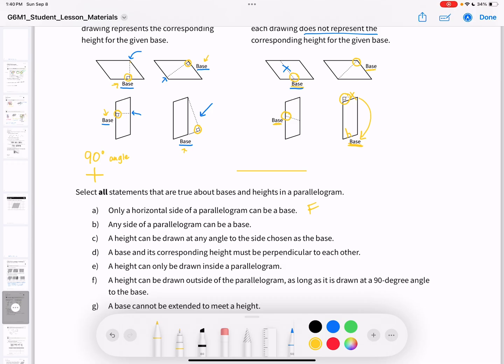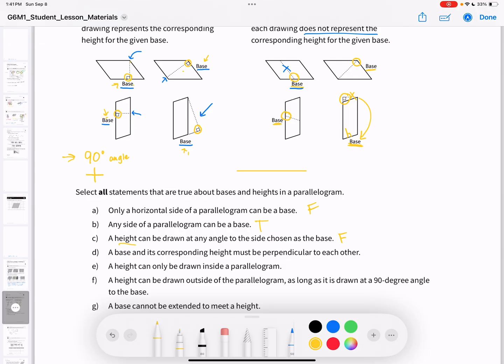B, any side of the parallelogram can be a base. Yeah, we can see that. So that is true. A height can be drawn with any angle to the side chosen as the base. No, we have just talked about the fact that it has to be a 90-degree angle. So this is false. It can't be any angle. It has to be 90 degrees.